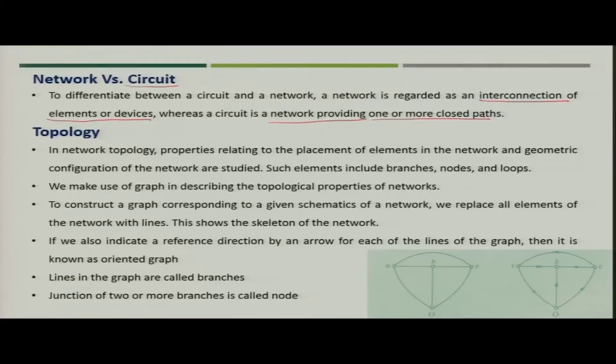So, network is the broader term, while a circuit is a network which provides one or more closed paths. Network is generally regarded as a more generic term, where the path can be open or closed, while in the case of an electrical circuit we make sure that there is a closed path for current to flow.